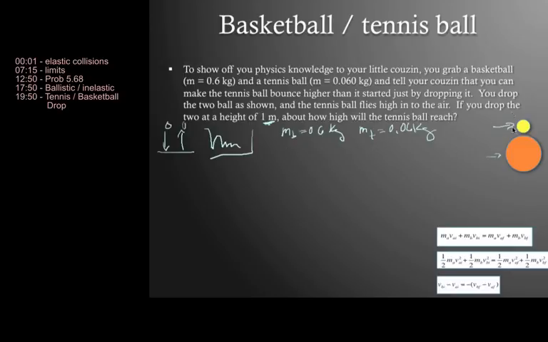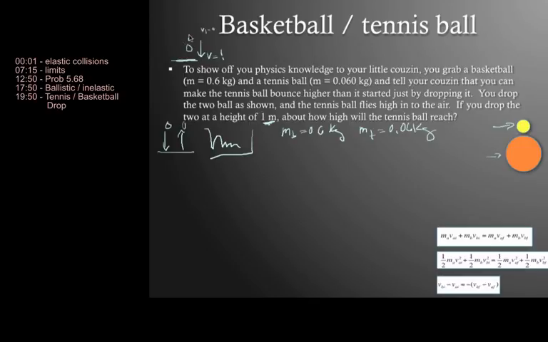If we are to find out what's going to happen, you can kind of visualize the picture. Let's start here. So you drop the two and they start to fall down. Initially their speed, since you're dropping them, is 0. And then just before they reach the ground, they're going to have some speed that we're going to want to find out.